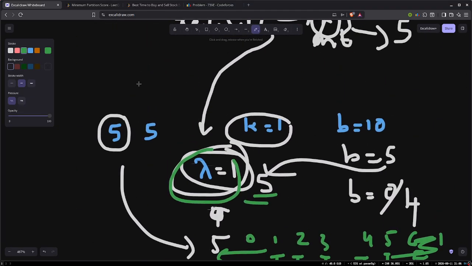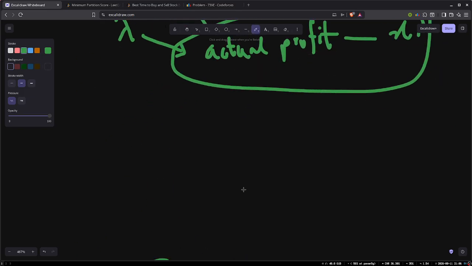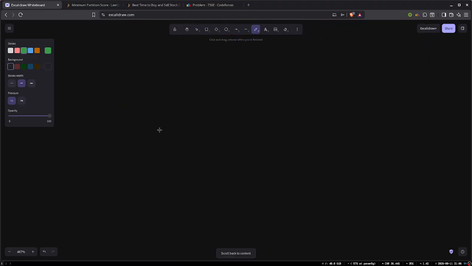So here, and it's almost all the time, I need to find the minimum lambda that lets me buy at most k items. First thing, I want to give it liberty.